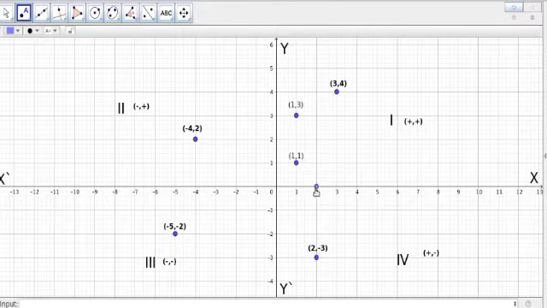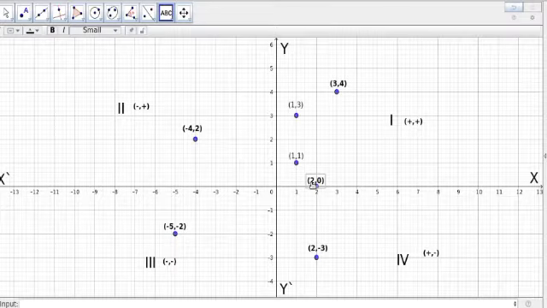So a point on the x-axis is represented like this: 2, 0. The x coordinate is 2, but no y coordinate. A point on the x-axis is x, 0. Then what about a point on the y-axis?